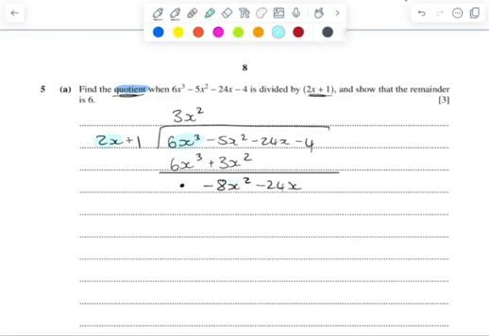Then we divide our first terms. So that becomes minus 8 divided by 2 is 4x. Okay, and then we're left with minus 8x squared minus 4x. Divide, multiply, subtract.